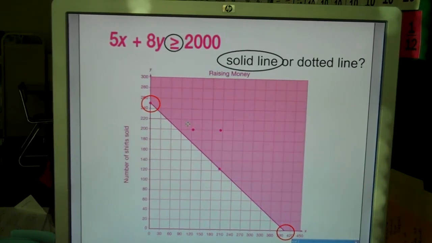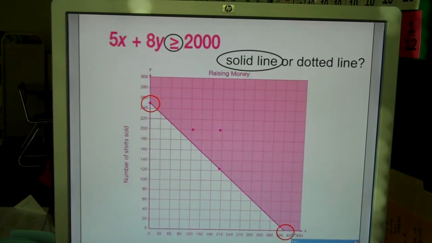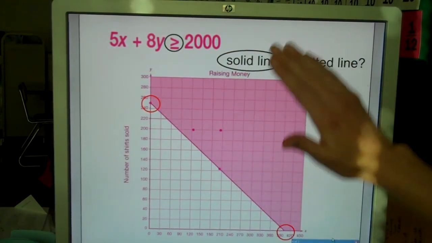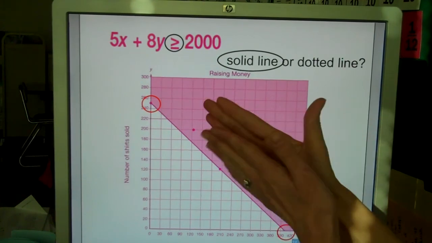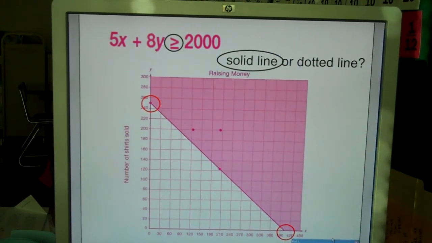Yes, it is. Now, go back to here. x could be greater than or equal to 500. Well, look here. 500 is going to be over here somewhere. Is that going to be in the shaded region? Yes. So with an inequality, you can shade them. You have a shaded region. Everything above this line is going to make this true.